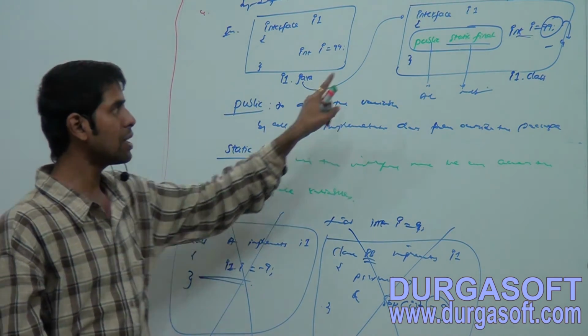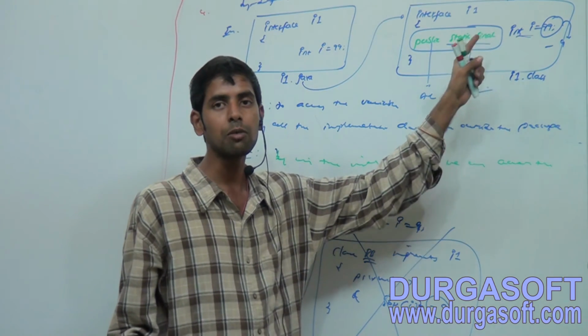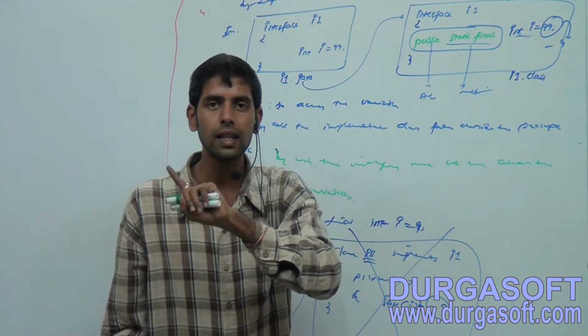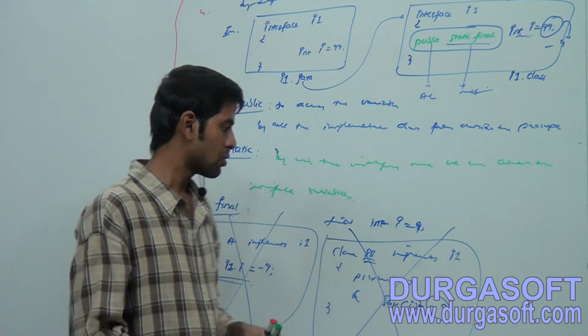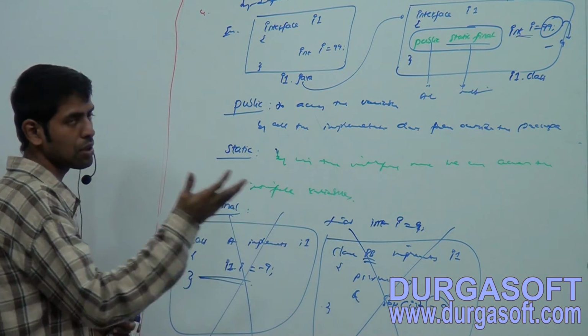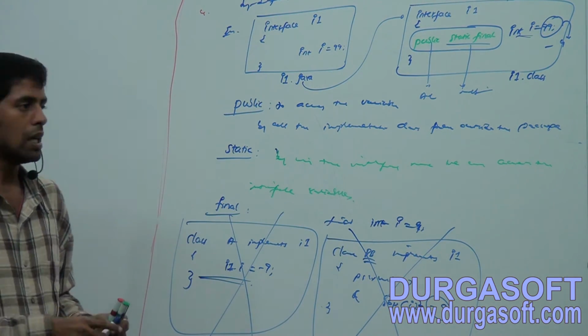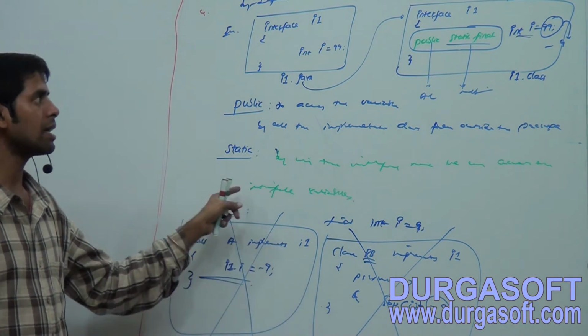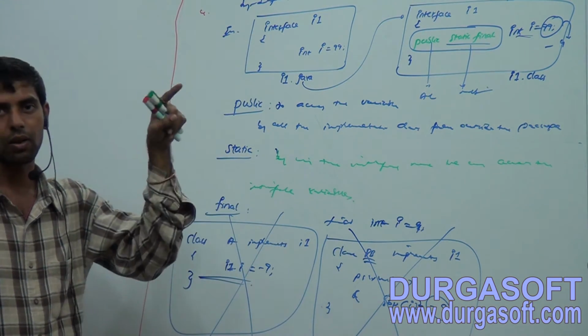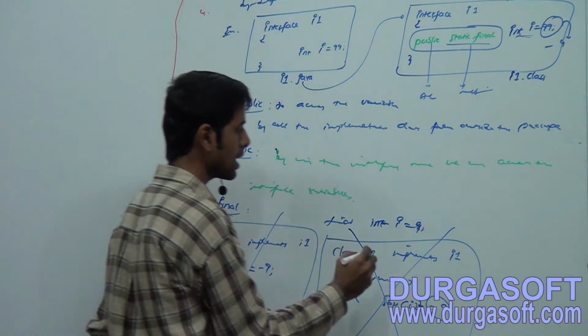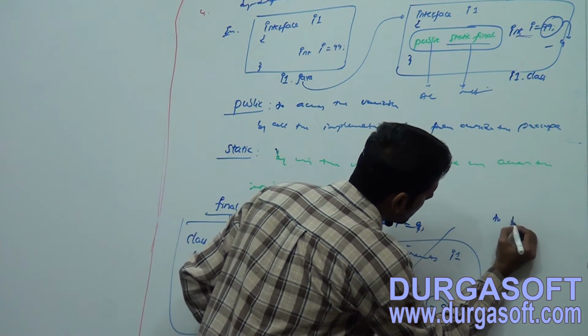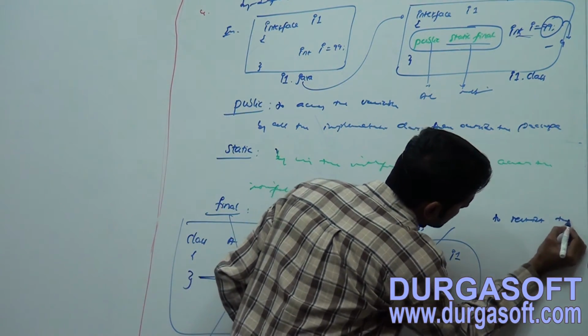So instead of this scenario happening, let me make that one final. Final means nobody is allowed to change it. So this type of access will not happen. To restrict these things, they made that one final. What is the main intention?